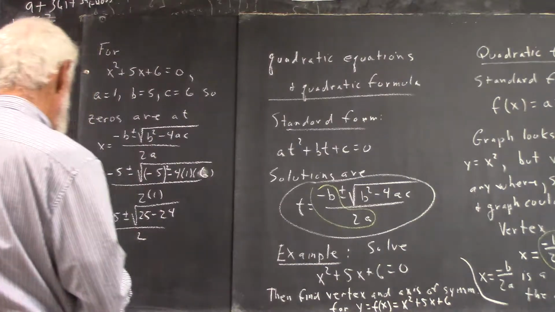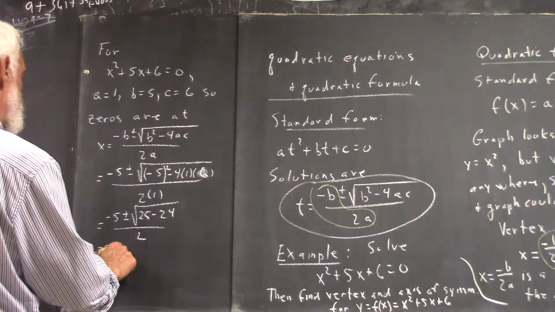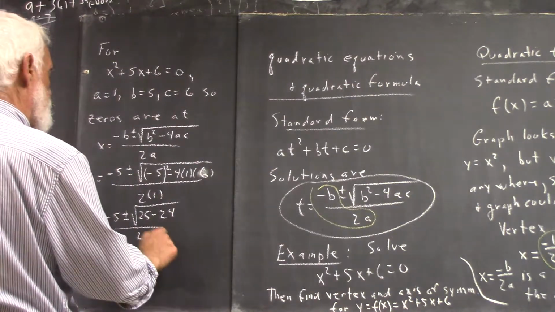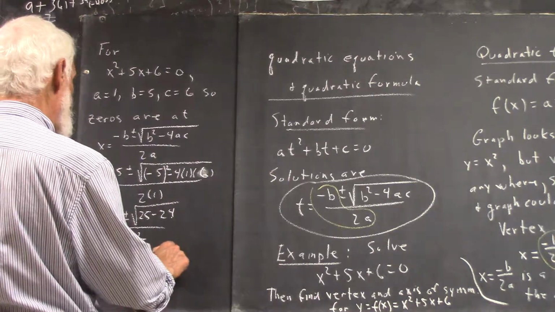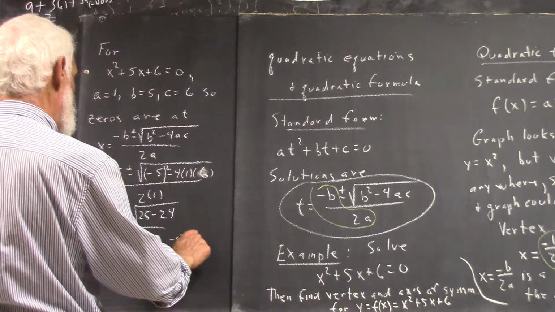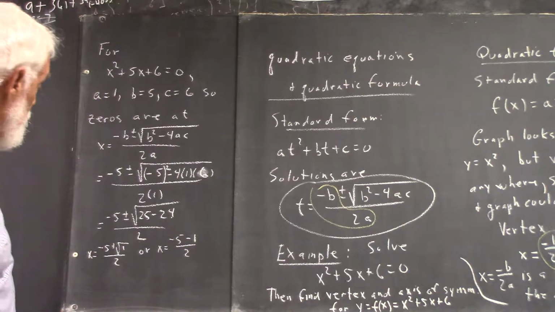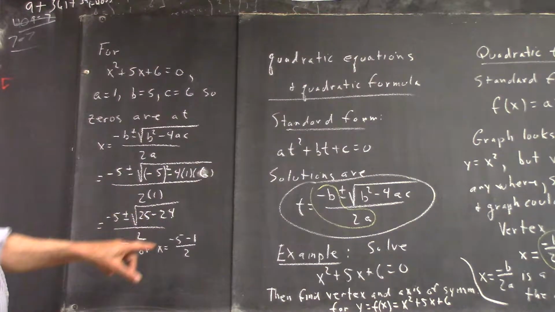So x equals negative 5 plus or minus the square root of 1 over 2. Because of course, what's under here is 1, right? And of course you don't want to leave out that step, at least for several times you do this, okay? But anyhow, I'm leaving out that step because this is the square root of 1, which is 1, right?